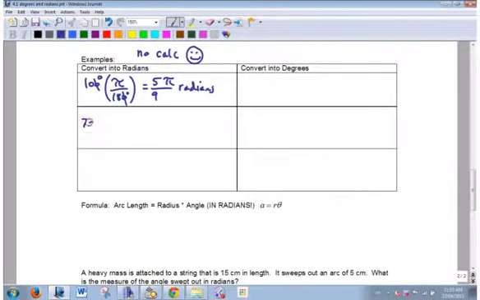How about 720? Cross off a 0. What goes in here? What goes in there? 9 goes in there 2 times. Does 9 go in 72? Does 2 go into 8?